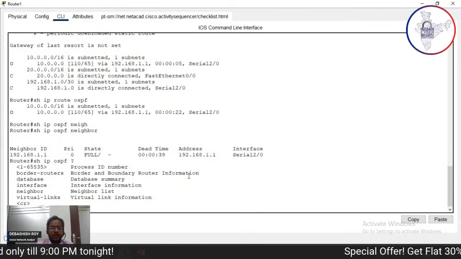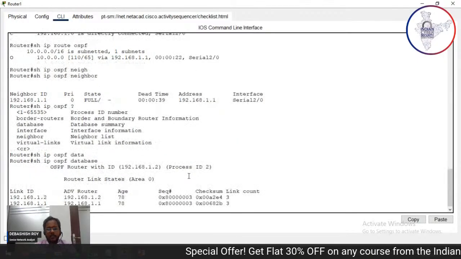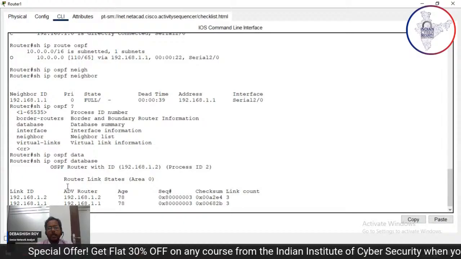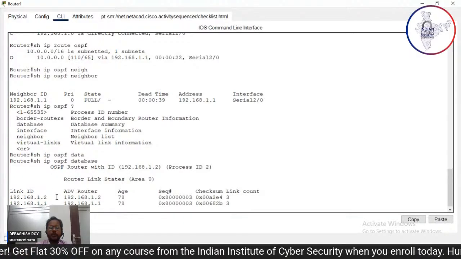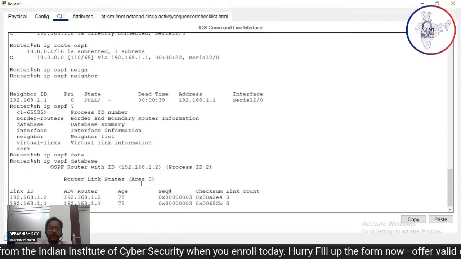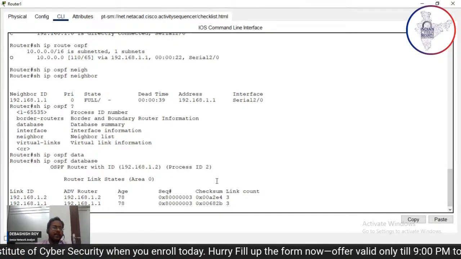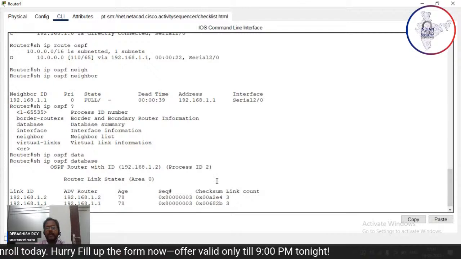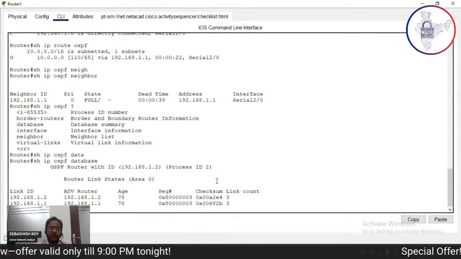You can see the database, interface, neighbors. In the database it is showing you the type 1 LSAs. When it is showing you the link IDs 1.2 and 1.1, those are two router IDs, and it is a type 1 LSA. It means every router advertises its own IP address, its own router ID, as the type 1 LSA. It's advertising itself.